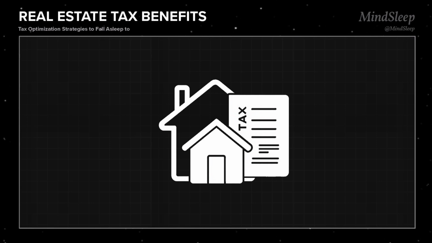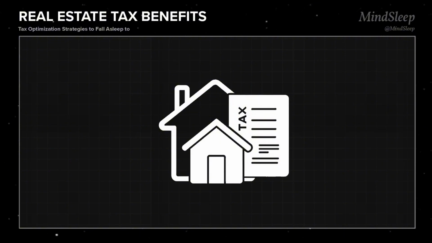investments. As we delve deeper into the realm of real estate tax benefits, it's crucial to consider the interplay between these strategies and the broader tax landscape. For instance, the Tax Cuts and Jobs Act of 2017 introduced new limitations on the deductibility of state and local taxes, including property taxes.